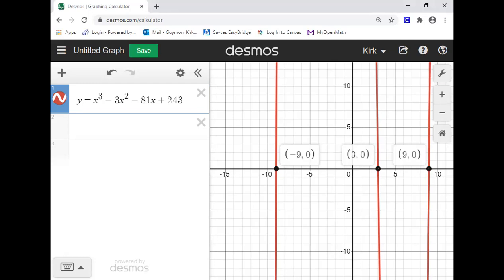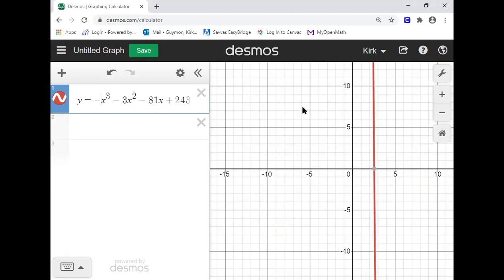So then on the Desmos screen, I'm going to change those to a negative 4x cubed plus 40x squared minus 84x.